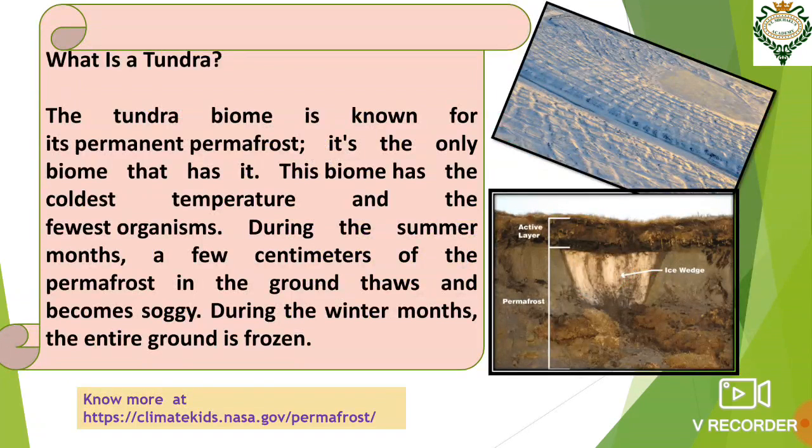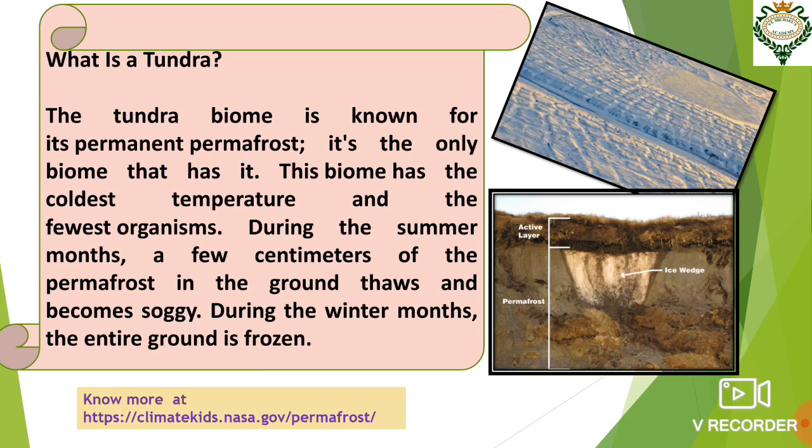Now what is tundra? The tundra is the coldest of all the biomes, with an annual average temperature less than 5 degrees centigrade and precipitation less than 100 millimeters per year, that too in the form of snowfall.